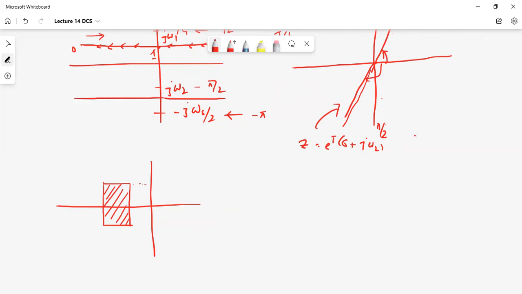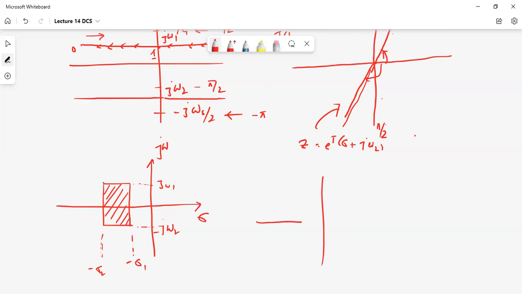Here we have j omega 1, minus j omega 2, as well as minus sigma 1 and minus sigma 2. So how can we represent these two in the z plane?